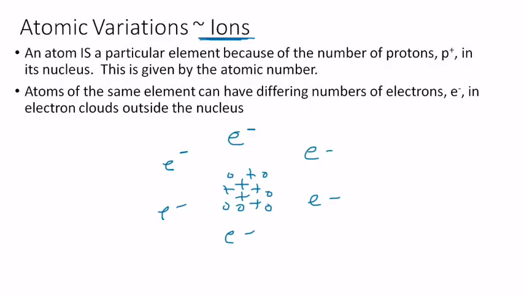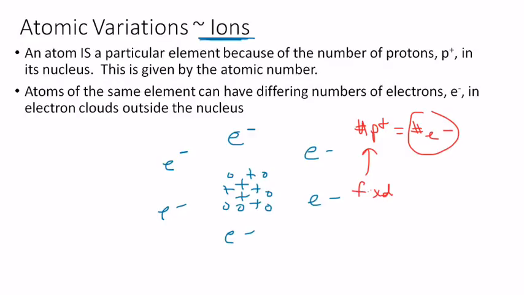But my point here is that atoms aren't necessarily always neutral. This one's neutral because the number of protons, which has to be stuck in the nucleus of an atom, is equal to the number of electrons. Now, electrons can come and go, so this is actually a moving target. This is fixed.